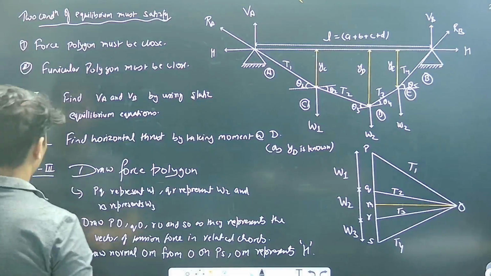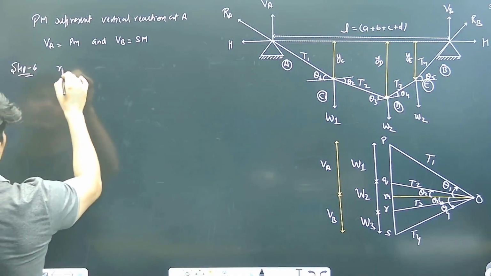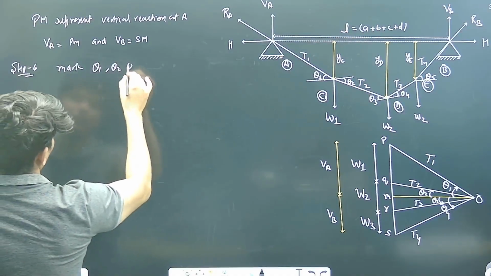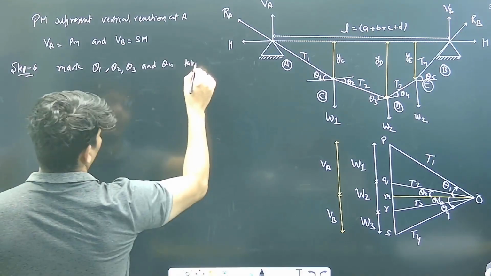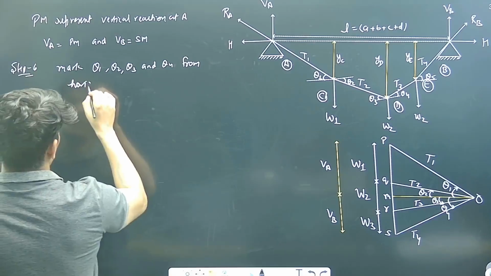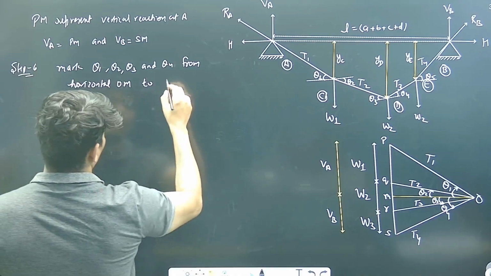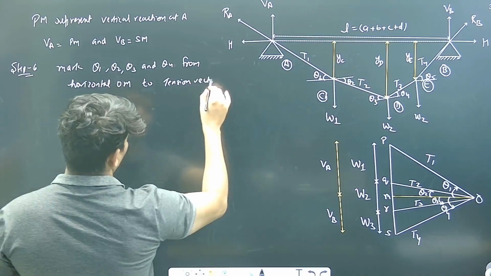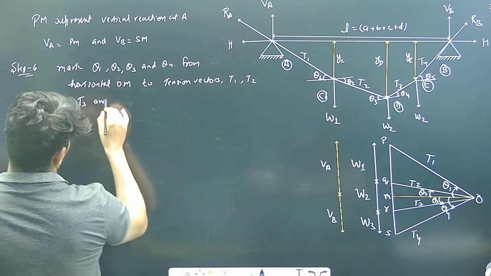कितना स्टेप हुआ? 5. स्टेप 6, mark theta 1, theta 2, theta 3 and theta 4 from horizontal OM to tension vectors T1, T2, T3 and T4 respectively.